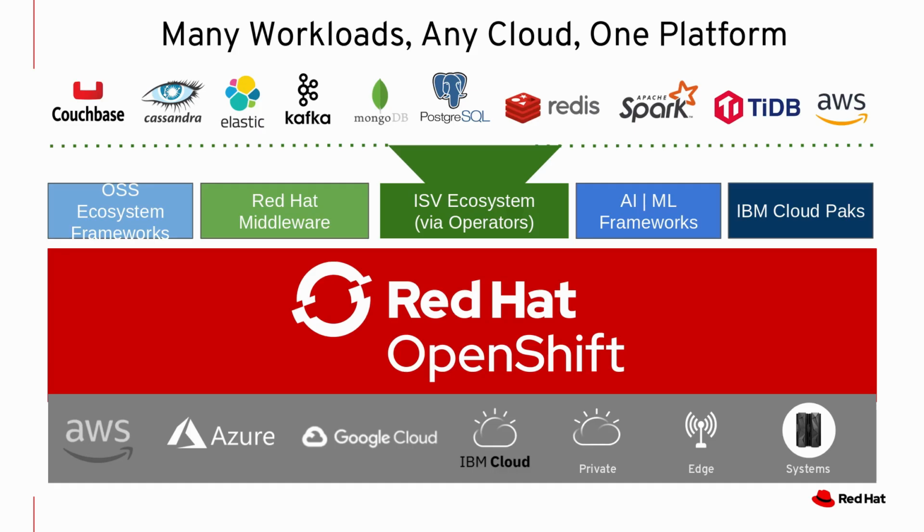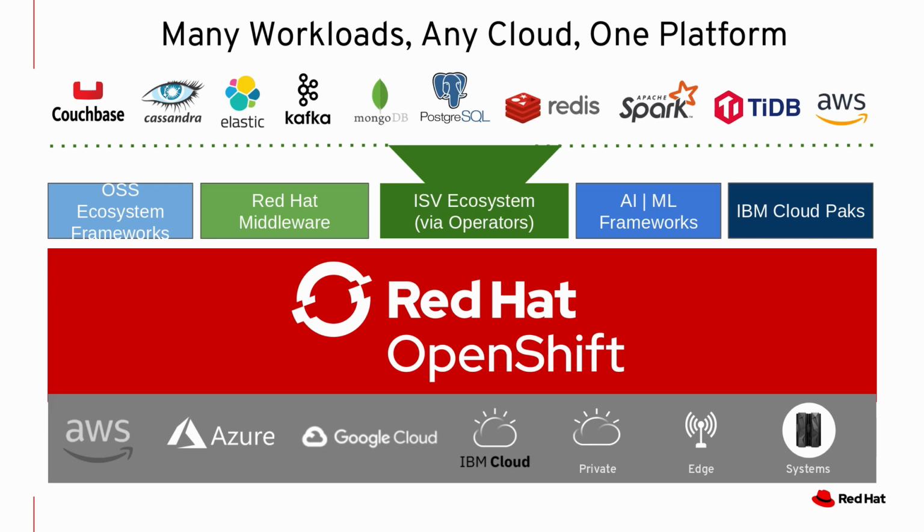The OpenShift Container Platform has also integrated a lot of containerized software, so that you can easily deploy different Red Hat, community and third-party containerized software on top of the platform.